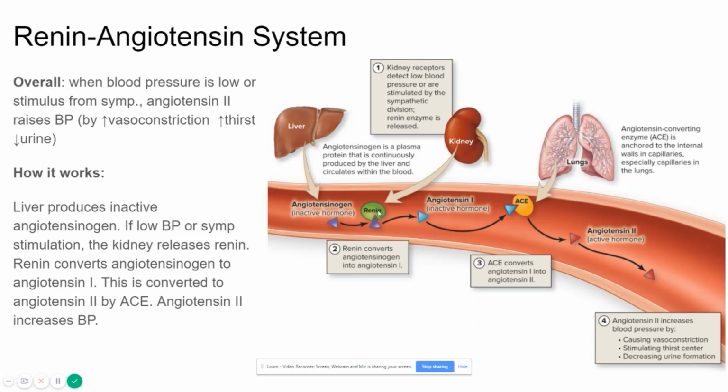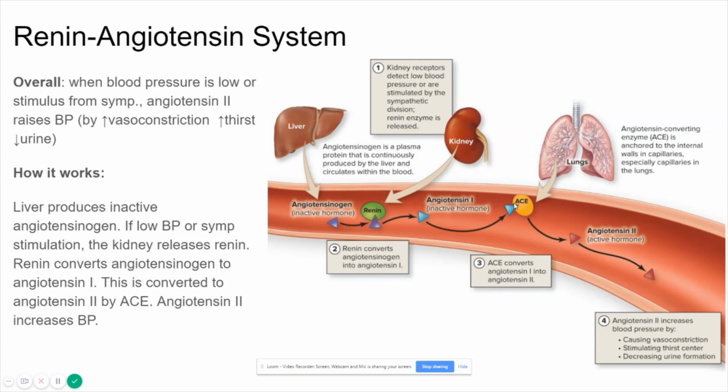Renin then goes and converts angiotensinogen into angiotensin I, which is another inactive hormone. This angiotensin I is converted by angiotensin converting enzyme, or ACE, into angiotensin II, which is now that active hormone.